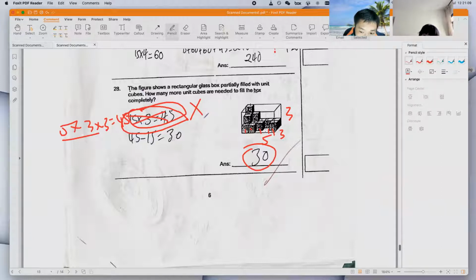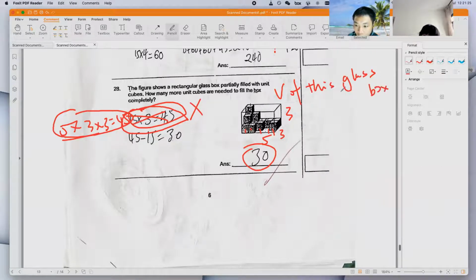You should have written down this, because to find the volume of this glass box, the volume is length times breadth times height. So therefore, that's how you get 45. So you're not supposed to write this down technically.